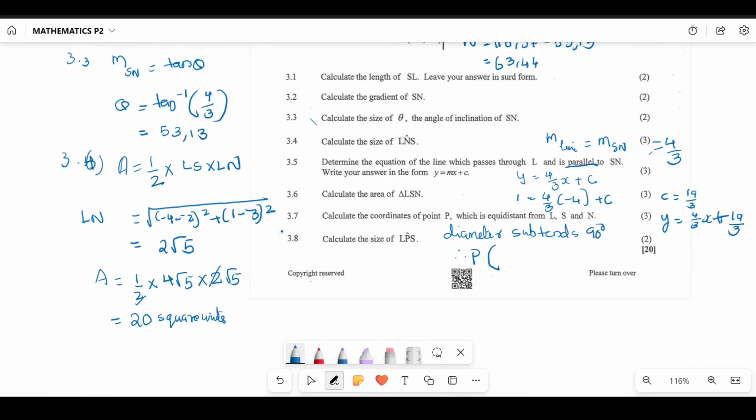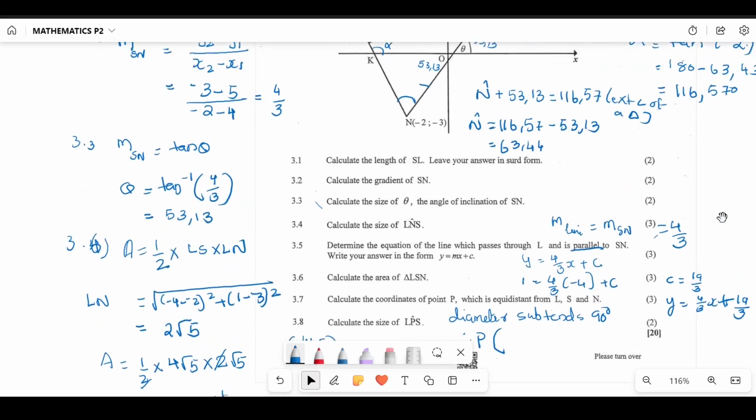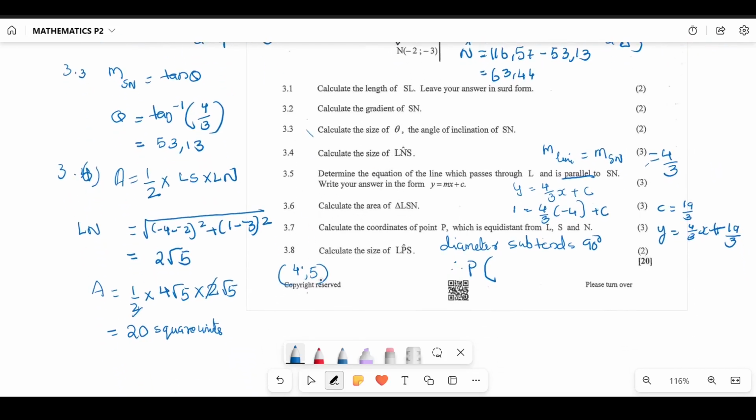So we are going to find the midpoint of 4, 5 and negative 2, negative 3. It's 4 plus negative 2 divided by 2, and 5 plus negative 3 divided by 2. So the point P is going to be 1 and 1. That is the coordinate of P.